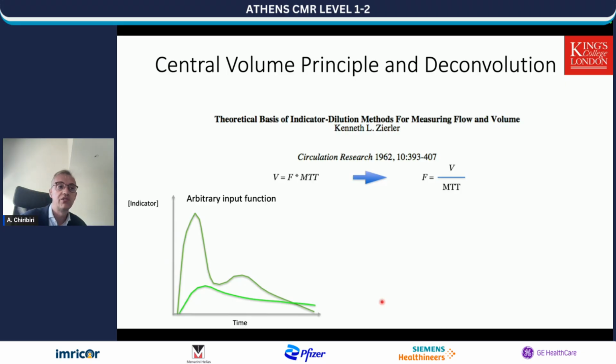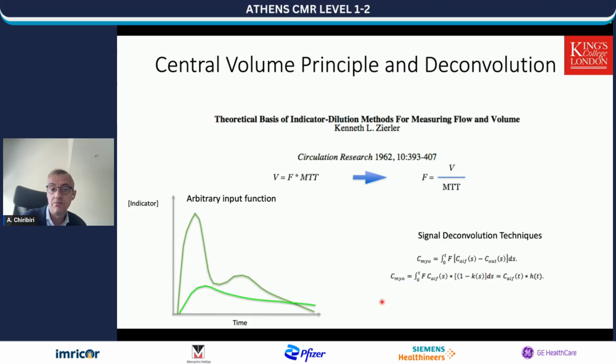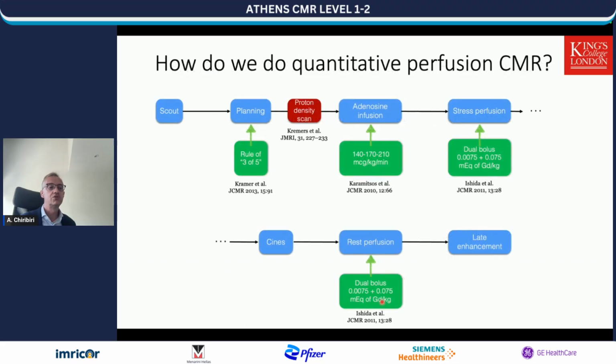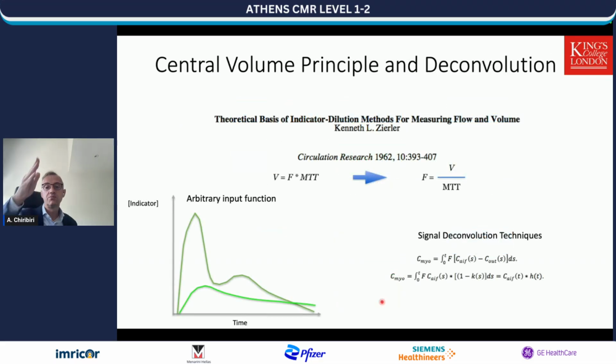So if you have this kind of curves, then in order to reconstruct the relationship between input and output in an exponential form, you can apply an operation that you will find cited in the literature at every corner, but is also something that creates quite a bit of confusion. This operation is called deconvolution. Deconvolution is a way to normalize the myocardial signal by the shape of the input function, so that it doesn't really matter which shape the input function has, it can be an arbitrarily shaped input function, but the result of the deconvolution operation will always be a mono-exponential decay.